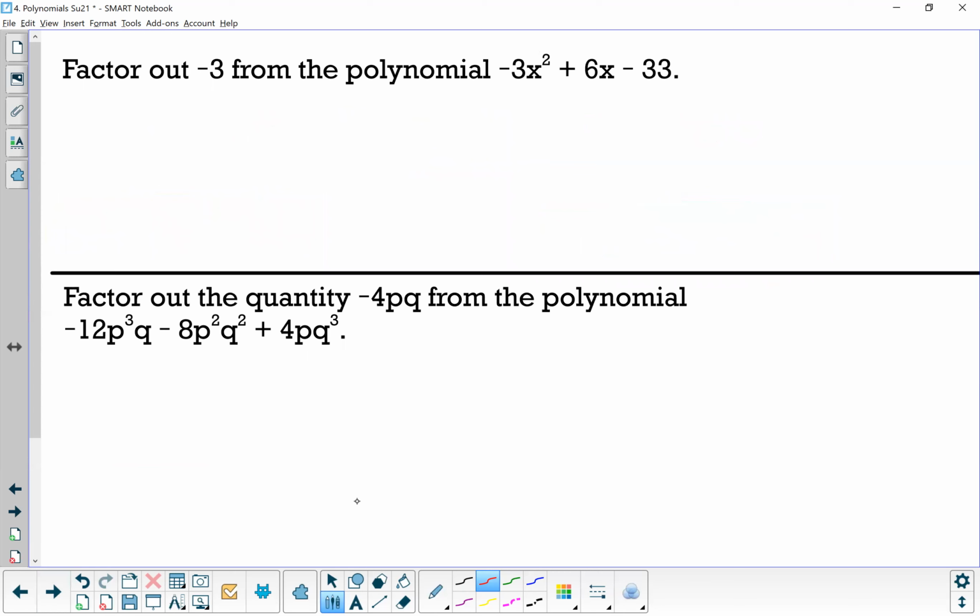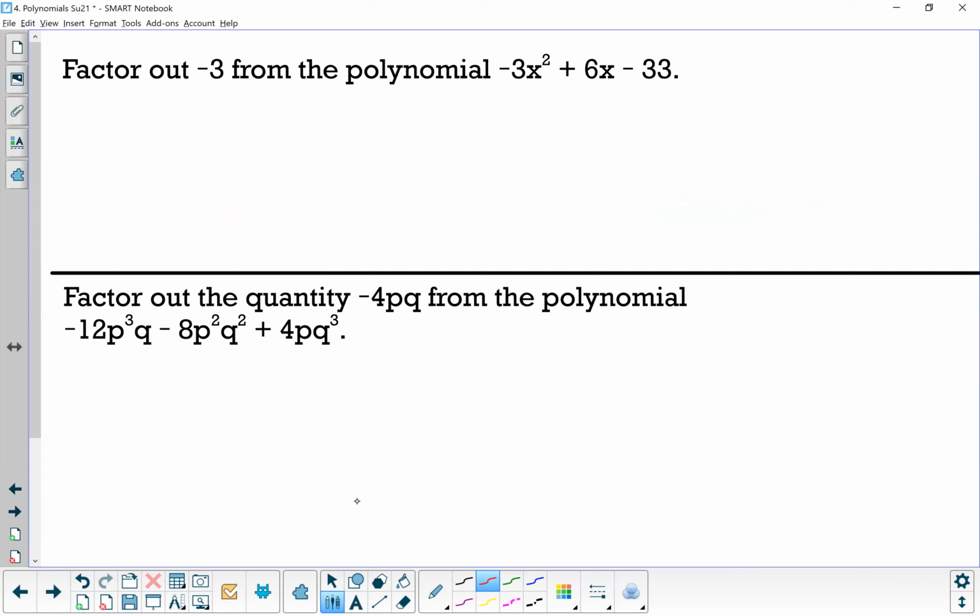All right, sometimes when we are factoring, it just makes sense to factor out a GCF that's negative. It's going to be very helpful to us as we're factoring. And oftentimes I make that determination by looking at the leading coefficient.